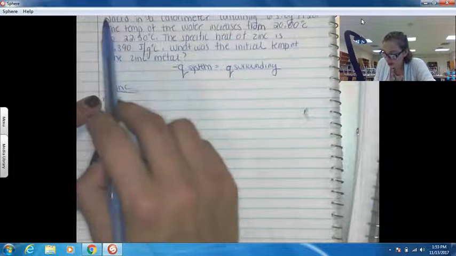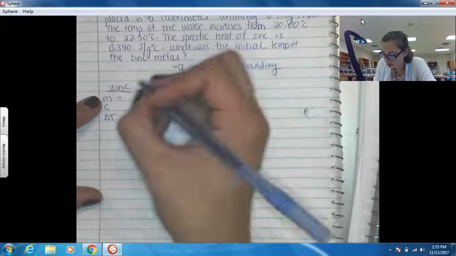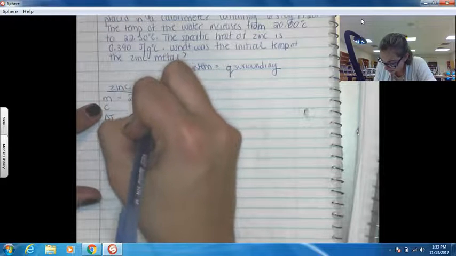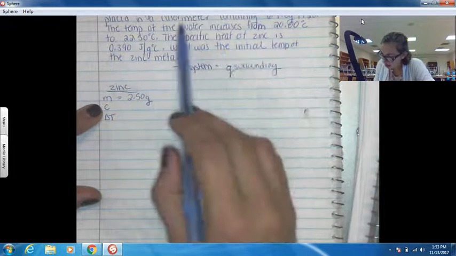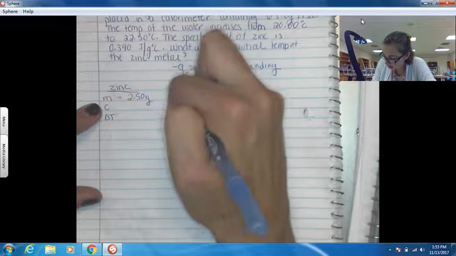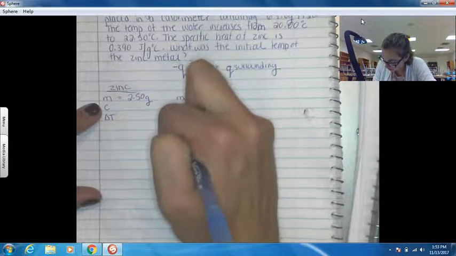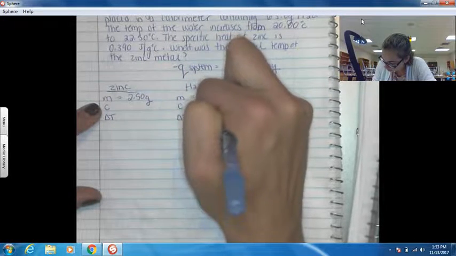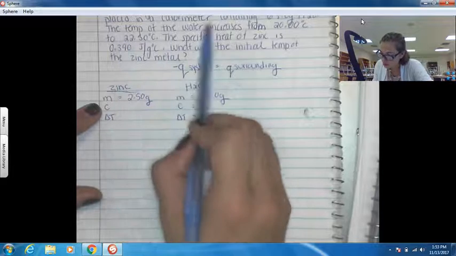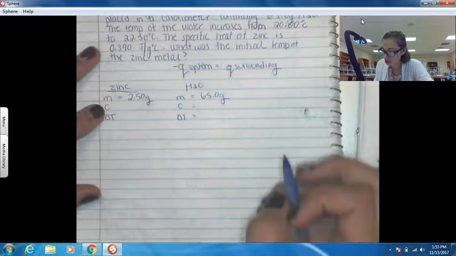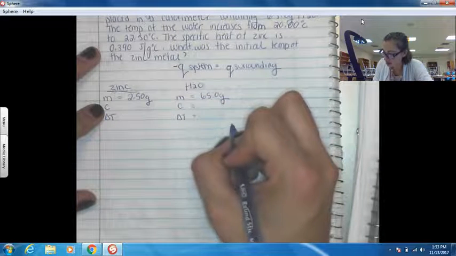If you look at our problem, a 2.50 gram sample of zinc, so we know our mass, is heated, then placed in a calorimeter containing 65 grams of water. So we have our water also. The temperature of the water increases from 20 degrees Celsius to 22.50 degrees Celsius.